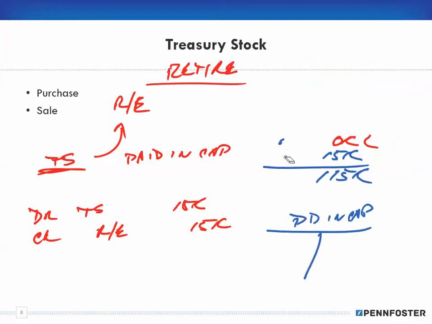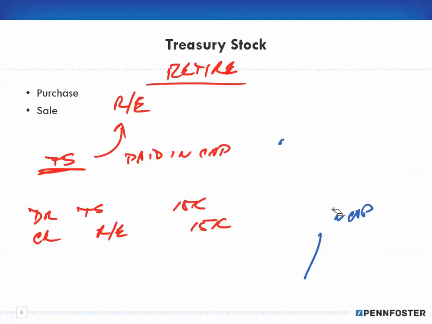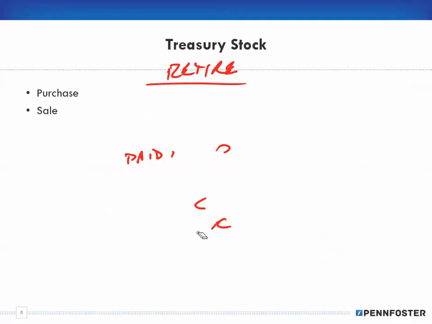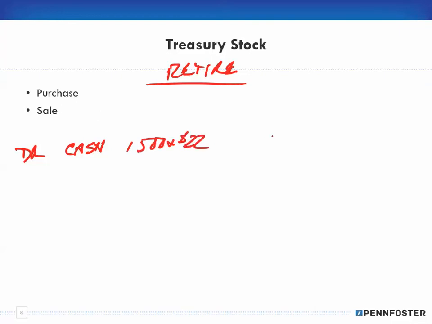But instead of creating another example there, I'm just going to use what is in the textbook at this moment in time, and I'm jumping over a step here, in saying that we're going to debit our cash for 15,000 shares at $22, so we're going to get $33,000 in cash, right?